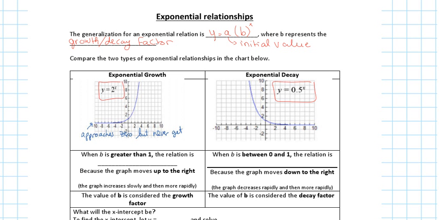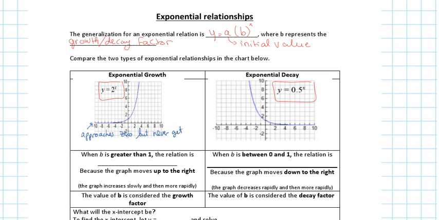Which one's increasing? The base 2. And the one that's decreasing is the base 0.5. So the base makes the difference. The base is the one that tells you if it's increasing or decreasing, if you have an exponential growth or an exponential decay.